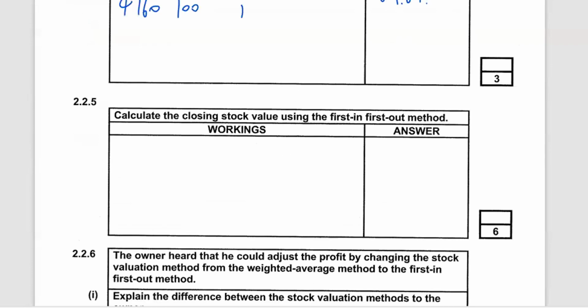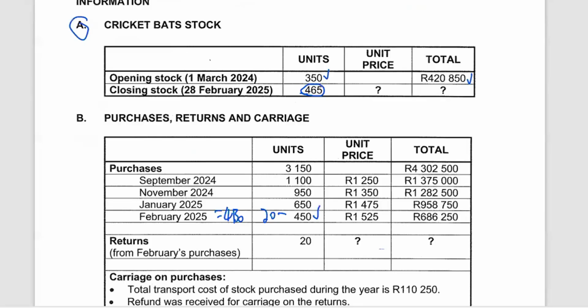So we will start by saying 450 units minus the 20 that has been returned. We get 430 units. So we're going to take this 430 units valued at 1,525, plus the amount of carriage that we have never recorded, which is 35 rands.